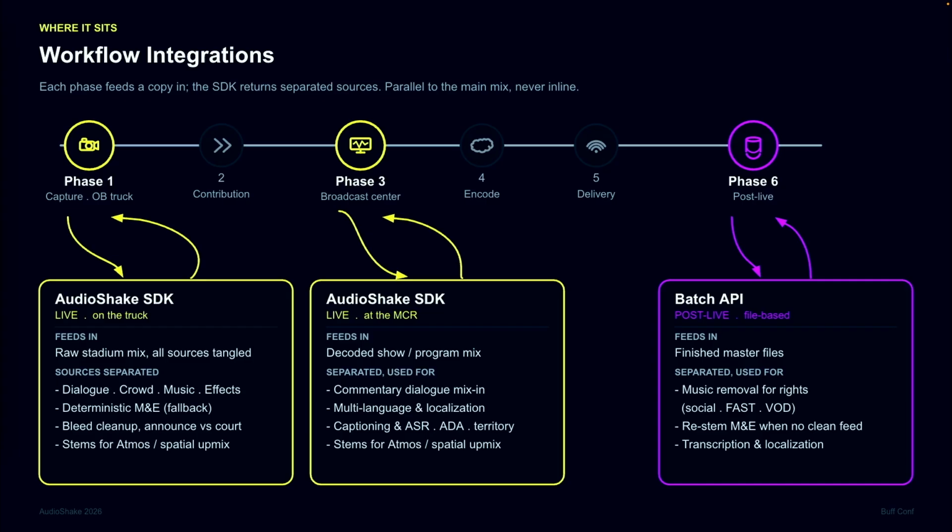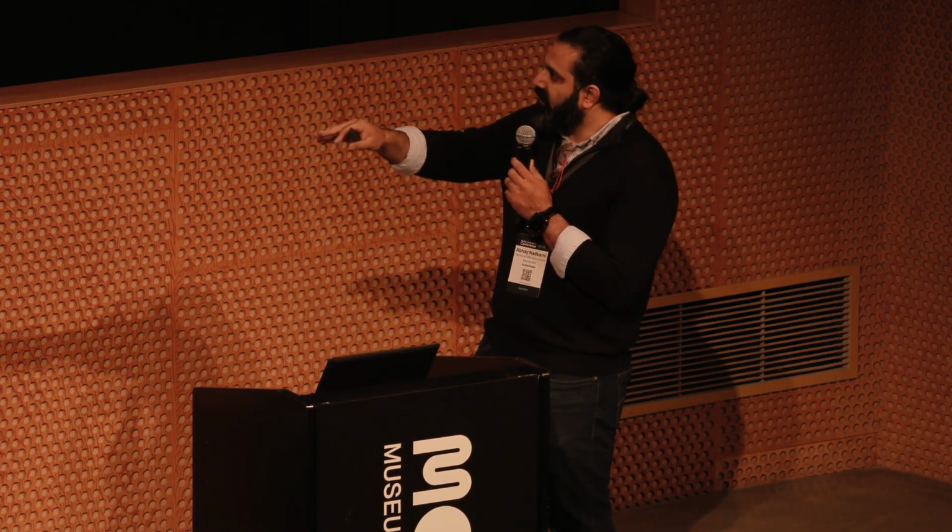Those are the two places where we're trying to actively have POCs for AudioShake, where we can separate different types of source audio, and that's where the dialogue RT product comes in. And then there's also phase 6, where we have the batch API process of processing massive amounts of video and audio so that we can separate the audio and then restem it. Those are some of the areas that we've been exploring in the workflow itself.